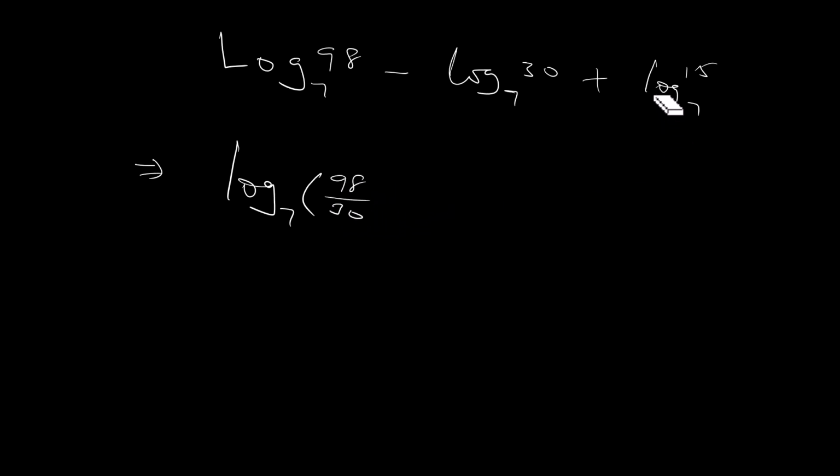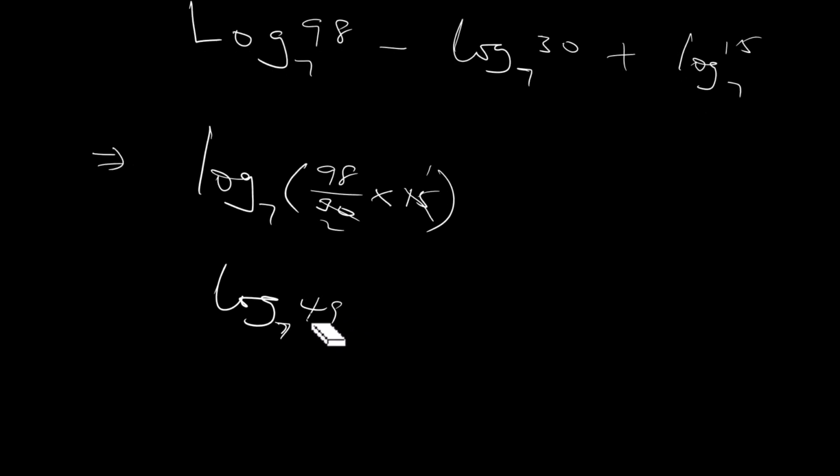This one is plus, so put that times 15. So 15 here is 1, 15 here is 2, and 2 into 98 is 49. So I have log 49 to base 7.